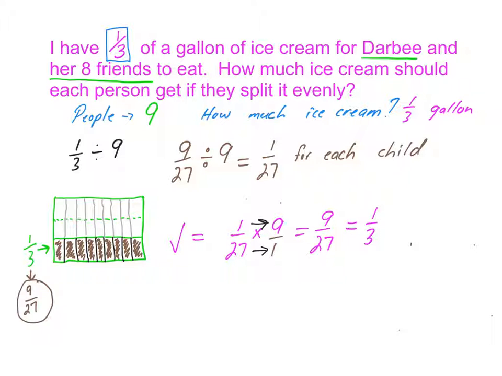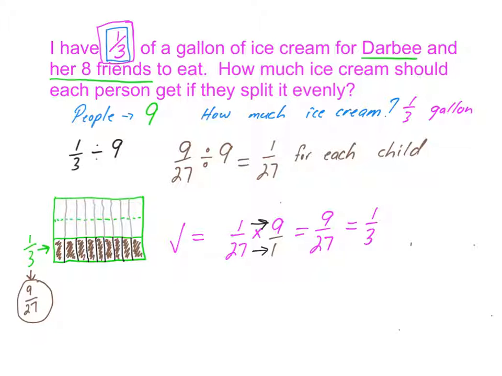By drawing the picture, we can find an equivalent fraction for our original fraction, the 1/3 up here. We find an equivalent fraction that we can easily divide by to make the question work. Here, we took 1/3 and rewrote it as 9/27.